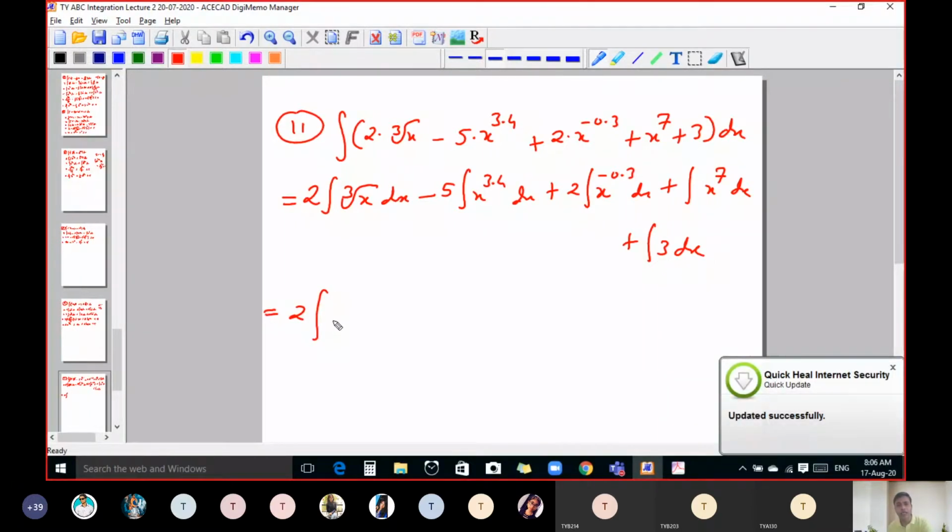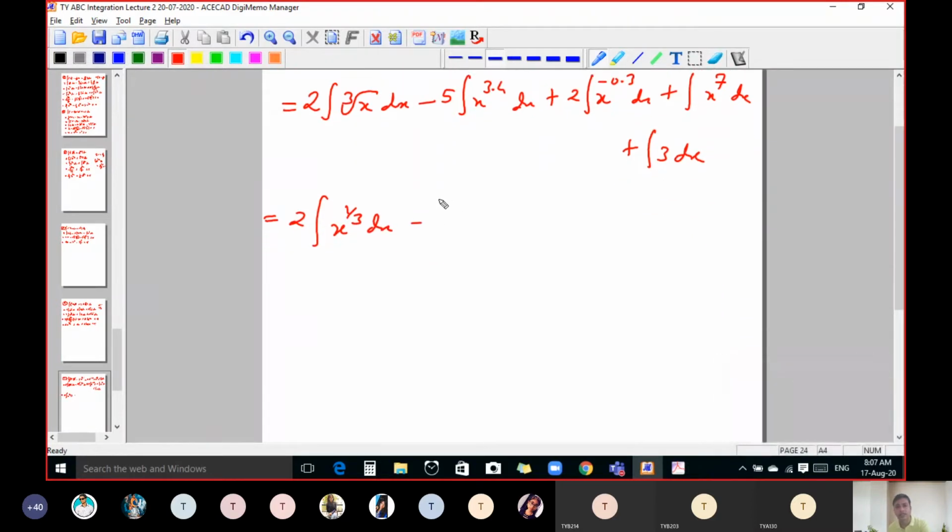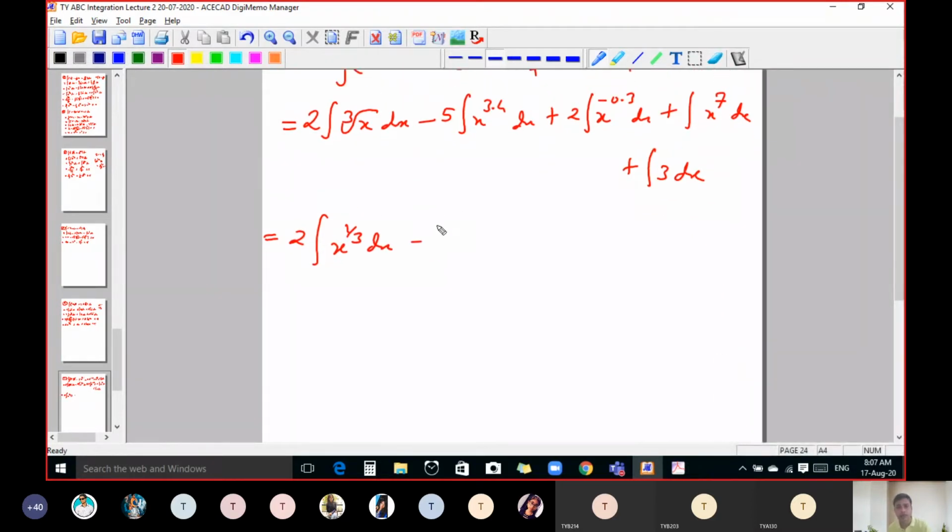Cube root of x is nothing but x raised to 1 by 3. Minus, keep this as it is, 5 into x raised to 3.4 dx plus 2 integration of x raised to minus 0.3 dx plus, keeping this as it is, and this is also as it is.